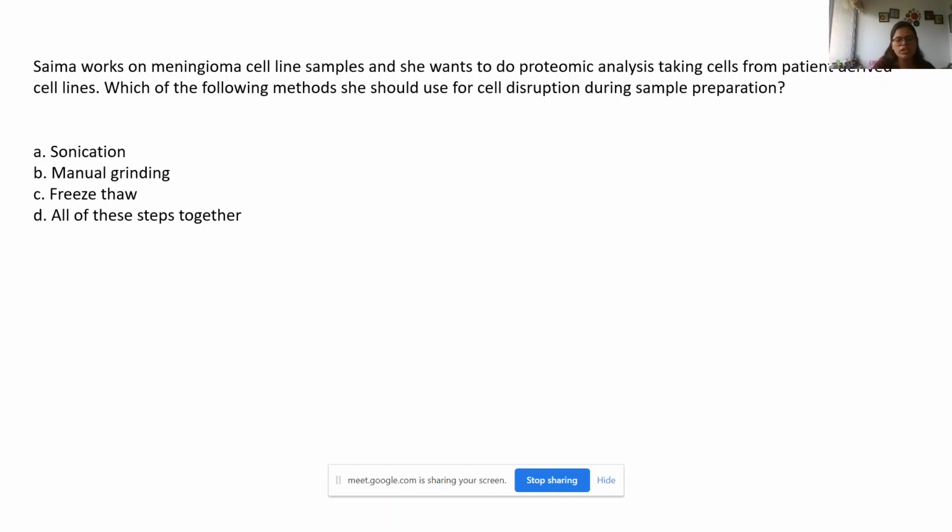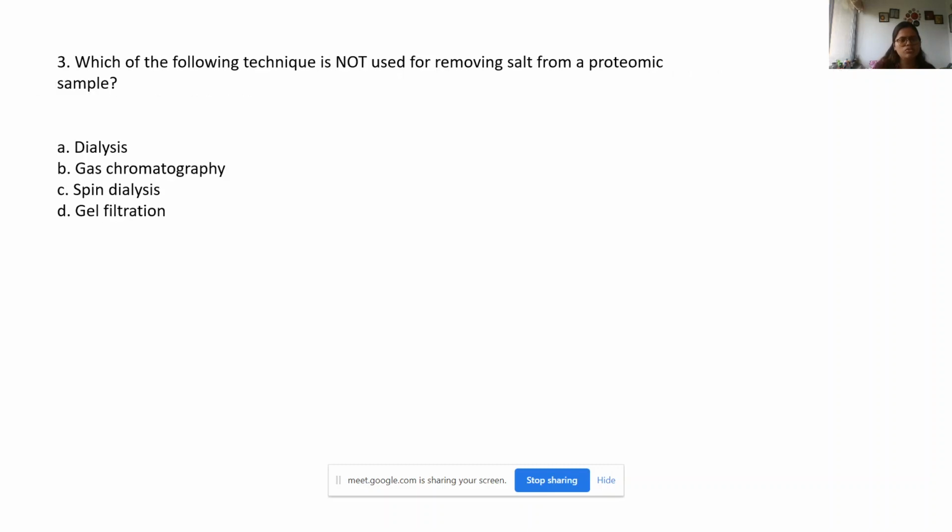Okay, we'll move to another question now. Which of the following techniques is not used for removing salt from a proteomic sample? The options given are dialysis, spin dialysis, gel filtration, and gas chromatography.